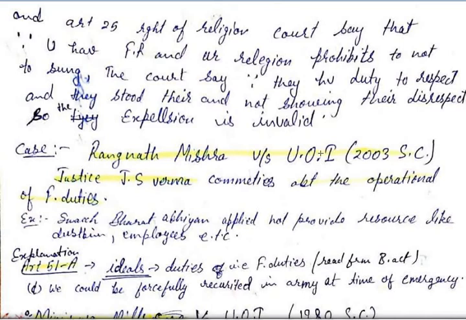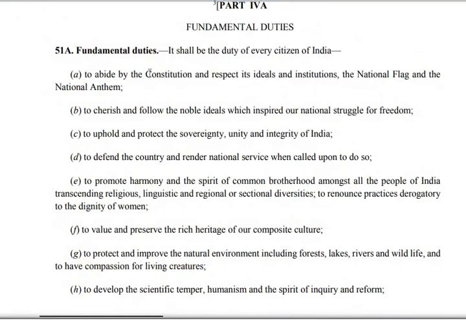So that is about education, what this committee has suggested, and what the Supreme Court in the Rangnath Misra case has suggested: that you must have a proper, effective mechanism of educating the people about the fundamental duties and their importance, and that action can also be taken against them if they violate the fundamental duties. Now let's see what the fundamental duties are.